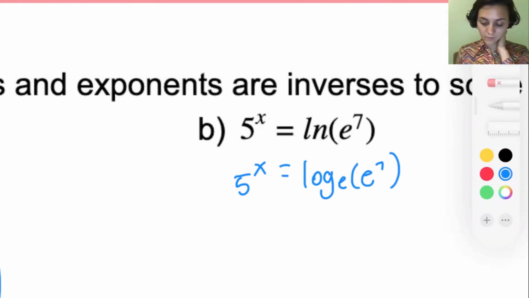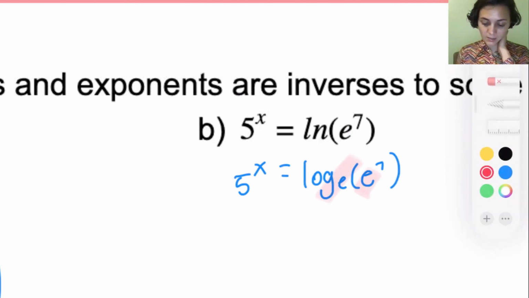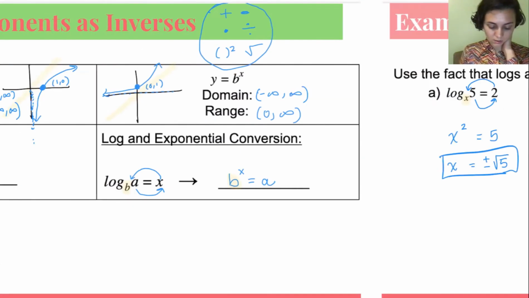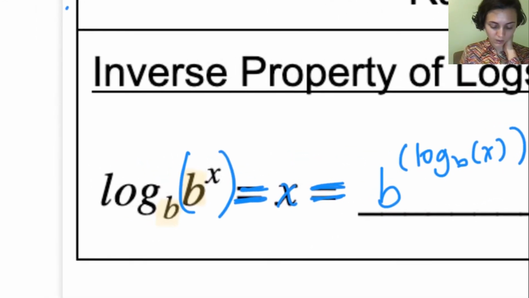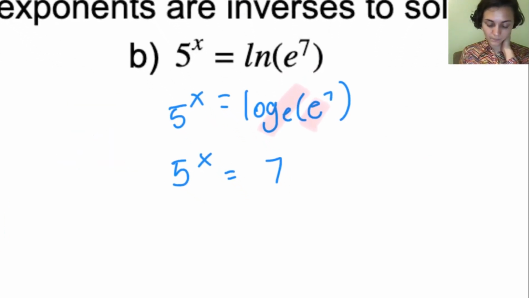So I have log base e and an exponent of base e will cancel each other out, and I'll be left with 5x equals 7. So I just used this rule right here. I used that rule right there to turn that into just 7.